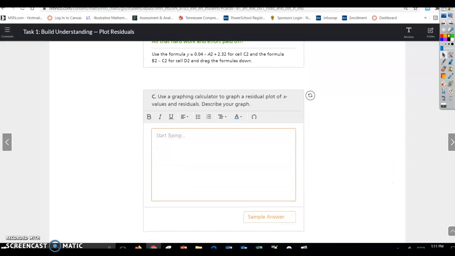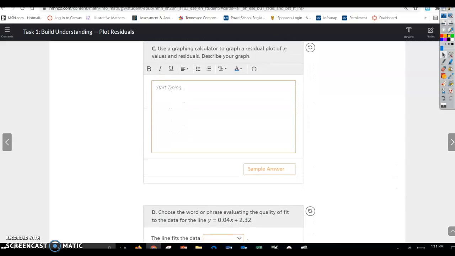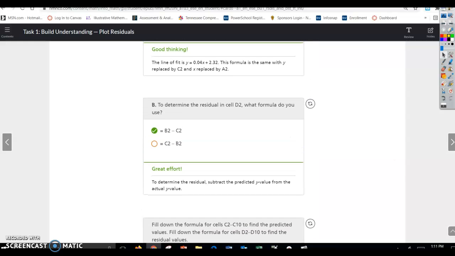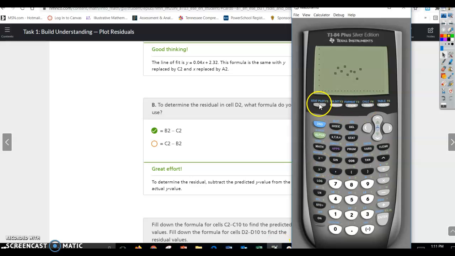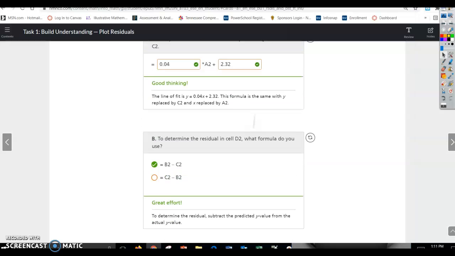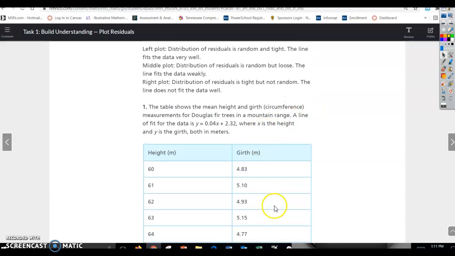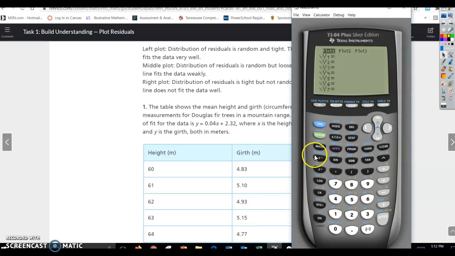All right, so let's describe the graph. So let's put the equation in as well. My equation was 0.04x plus 2.32.